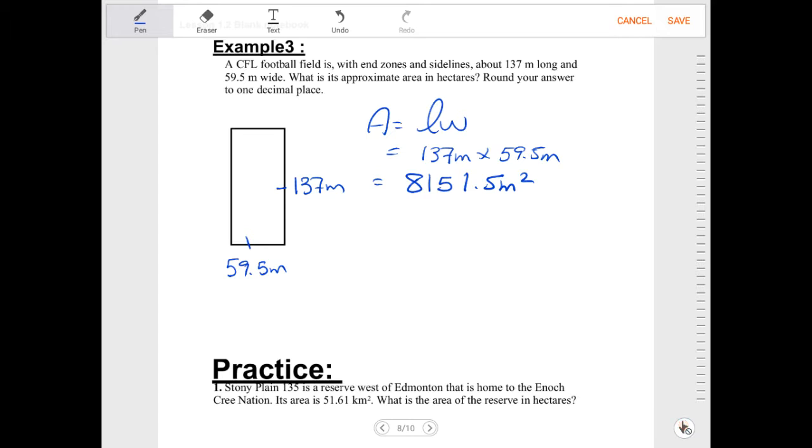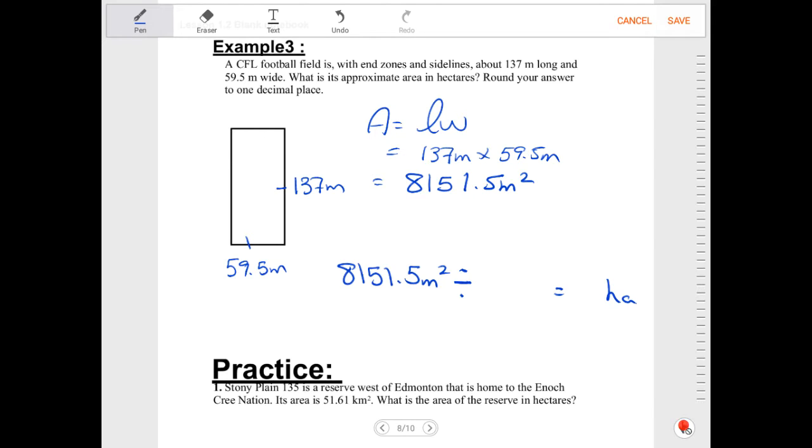Now, we want this in hectares. If you look at your conversion table or formula sheet, we're going from a smaller to a larger measurement. That means division. So we're going to take the 8151.5 meters squared and divide, and that's going to give us something in hectares.